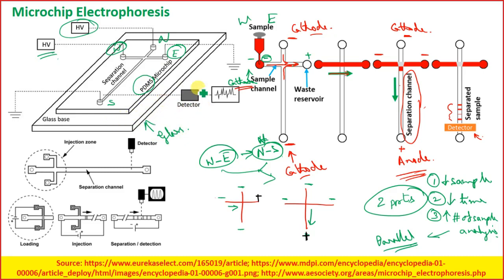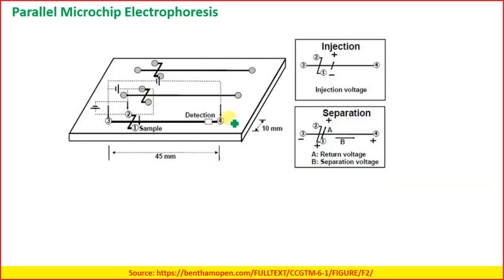Okay, or we can even have the PDMS microchip base. Okay, then we can go for the multiple or parallel microchip electrophoresis. So over here you can see we can have a number of channels, one, two, three. We are having multiple channels, and we can go for multiple electrophoresis at once.